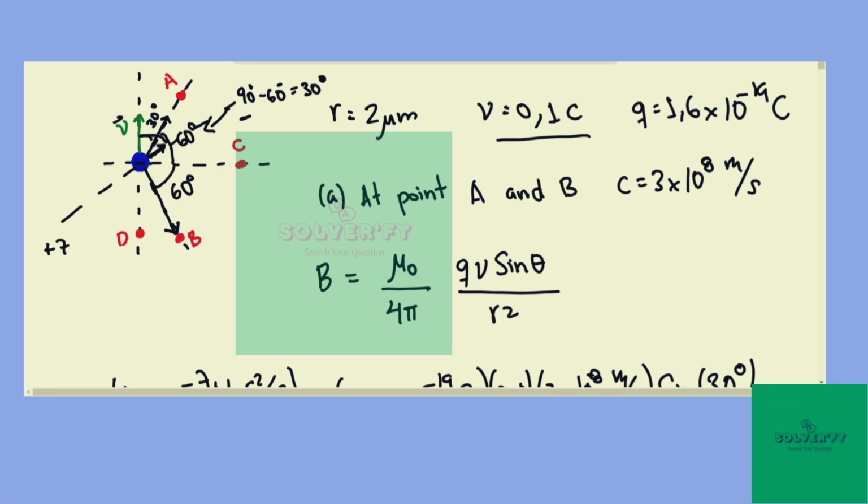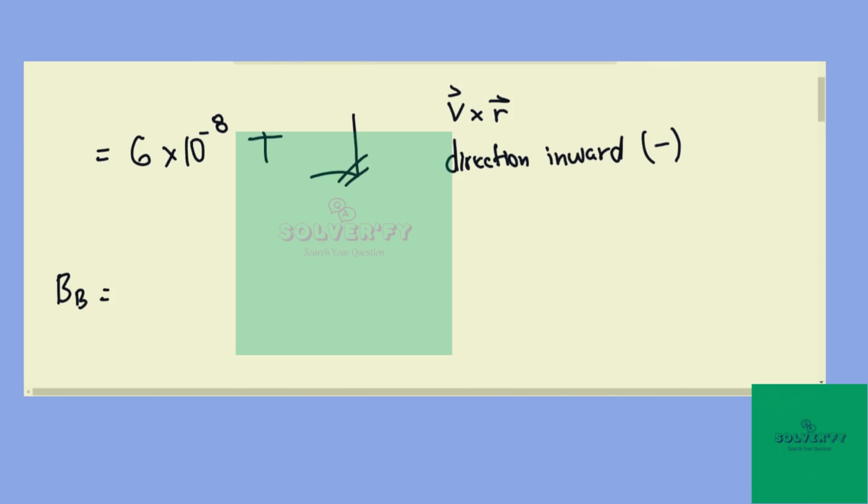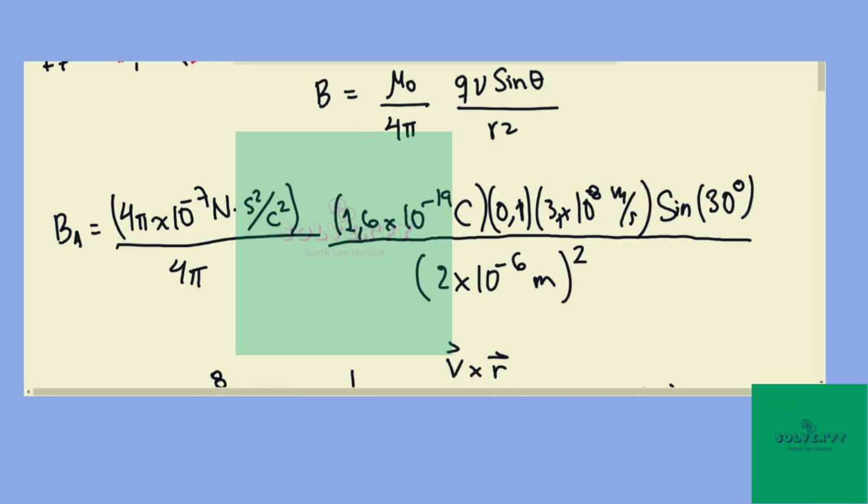We need to sum 90 degrees and also this 60 degrees. So we will have 90 plus 60 degrees, that's 150 degrees. So with that in mind, we just simply need to put all of those values in here.